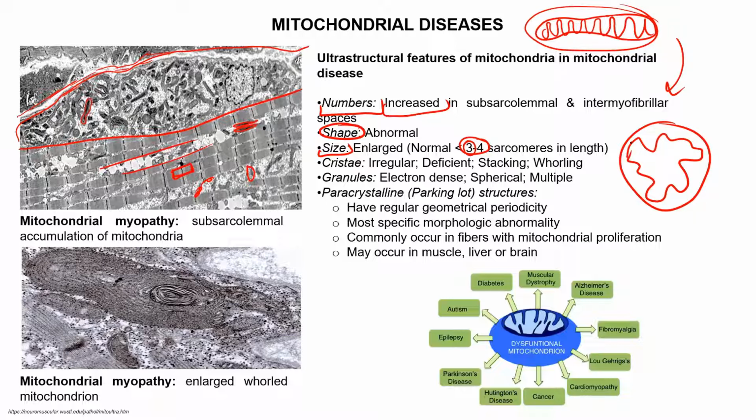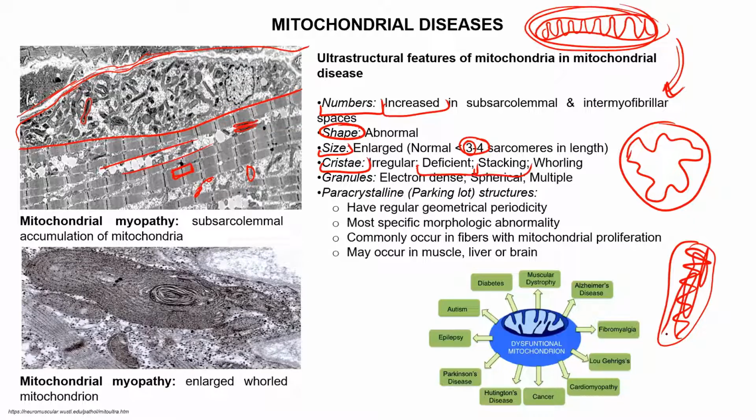And the function is to make sure that we have a huge surface for moving the electron, etc., for keeping the charge potential, etc. Of course, if we have the change of the shape into an abnormal shape for this cell type, this is a huge problem for the cell. Again, about crista, they can be deficient. They can be stacking, which means we don't have a usual good shape of these crista. We have stacking.